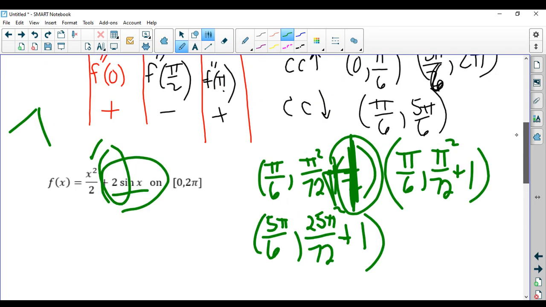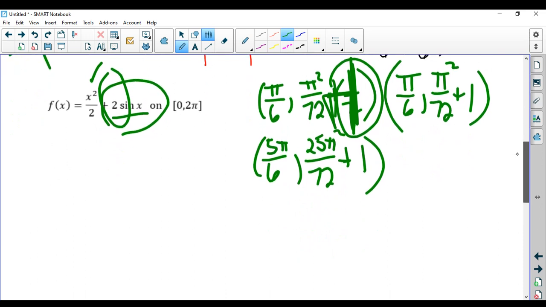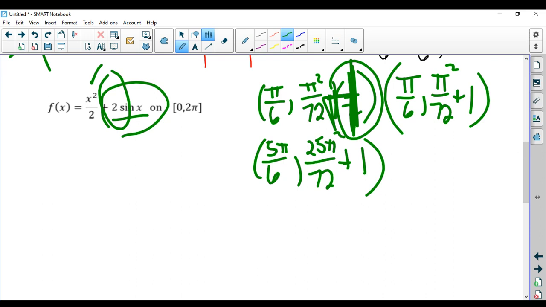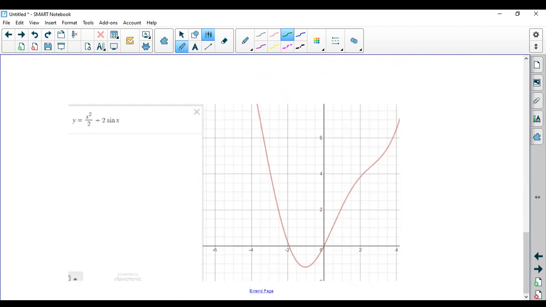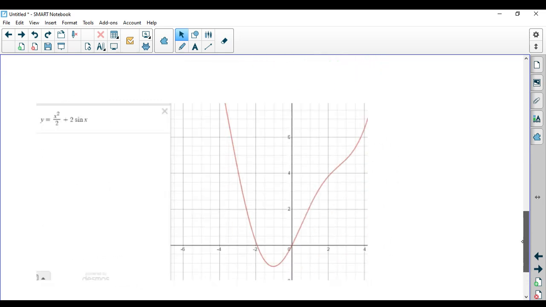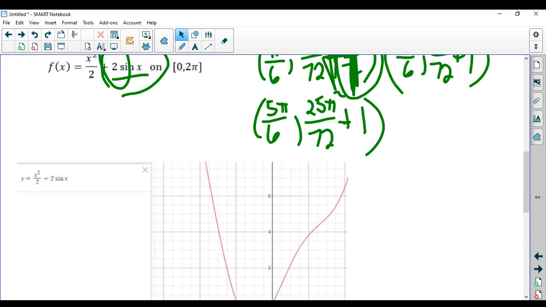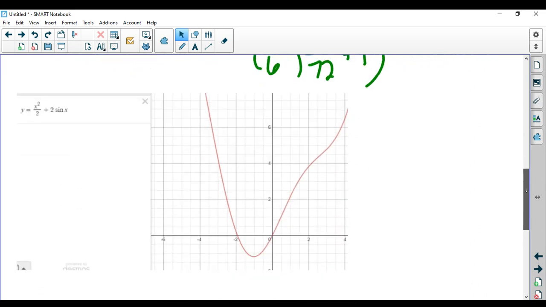So anyhow, let's just look at the graph quickly just to make sure that those points of inflection seem right. So we have points of inflection where x is 5 pi over 6 and pi over 6. So again, I used Desmos to graph this. Pi is about 3-ish, let's say. So pi over 6 is around 3 over 6, which is 1/2.